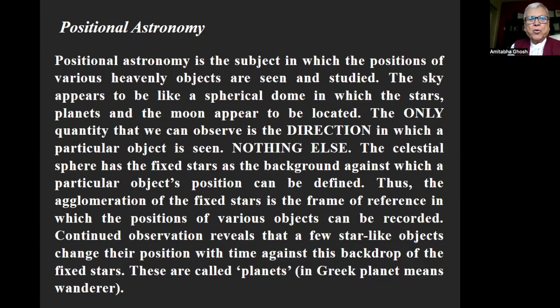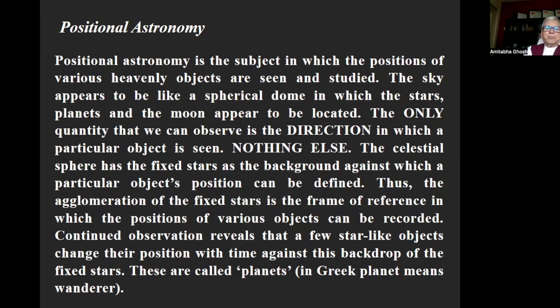What we can observe is only the direction in which a particular object is, nothing else. We cannot say where it is, its position, etc. Only we can say that in a particular direction, a particular object is seen, nothing else. So the celestial sphere has big stars as the background, because we have to study something, we need a background.